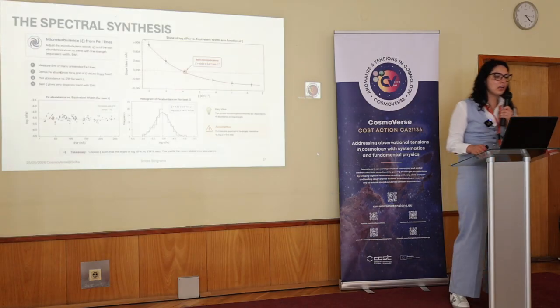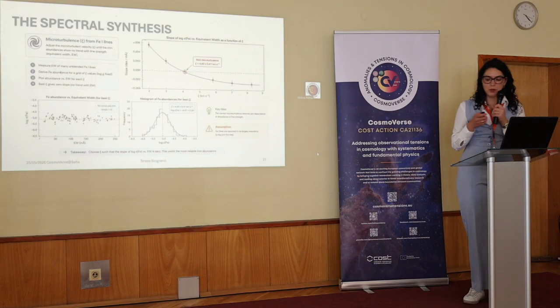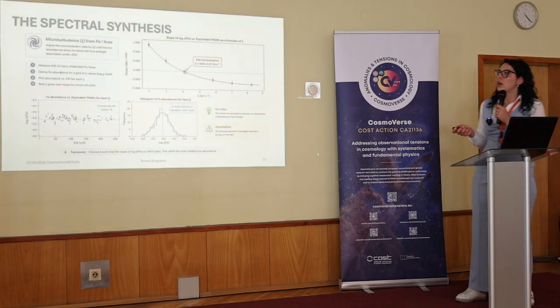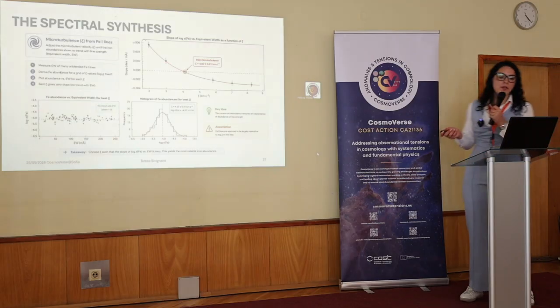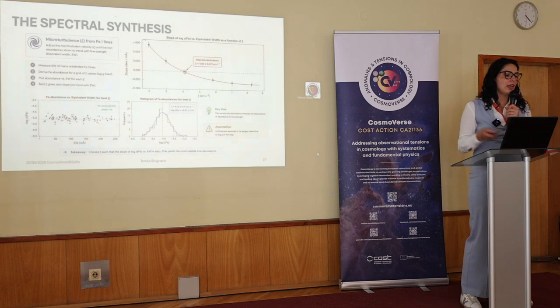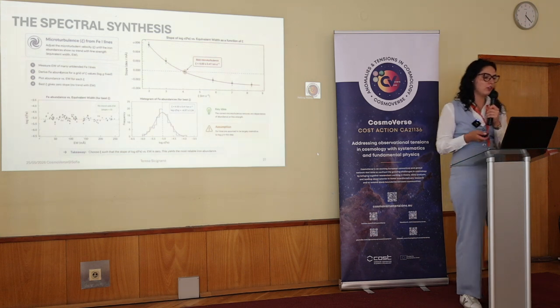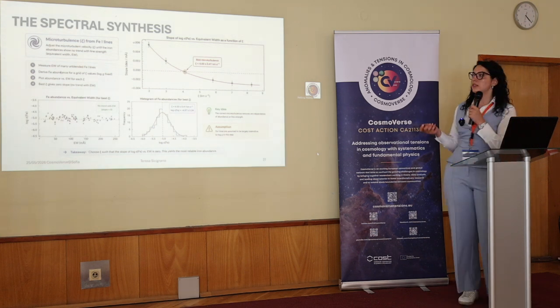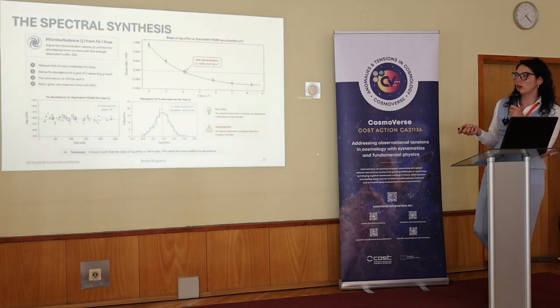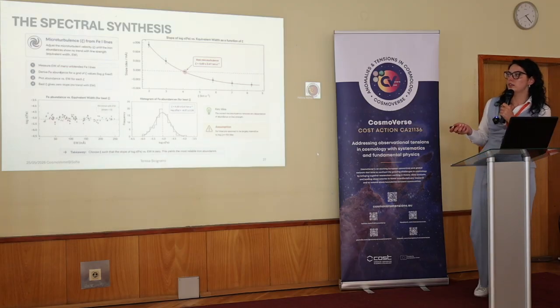Then, if we want to measure the microturbulence from Fe I lines, we have to measure the equivalent width for each of the lines. As I told you before, we need to obtain the same abundance for every line. And so, thanks to a minimization, we can obtain an estimate of the microturbulence.